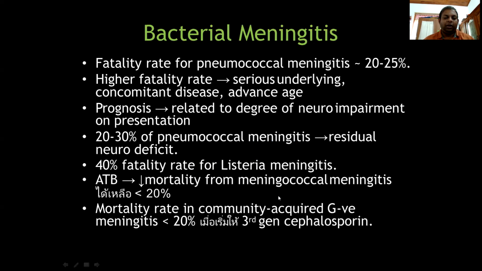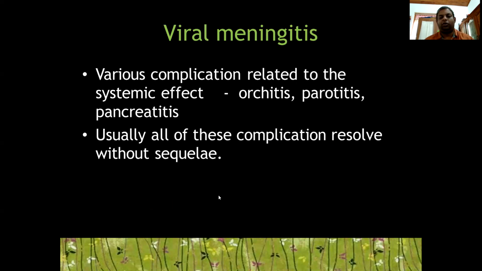Mortality rate in community acquired gram-negative meningitis is 20%. If you give a third generation cephalosporin, that's the treatment of choice. With viral meningitis, there are various complications related to systemic effect, like rubella. Usually all of these complications resolve without sequelae.